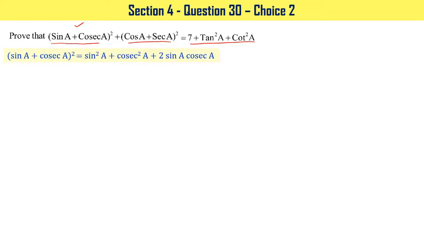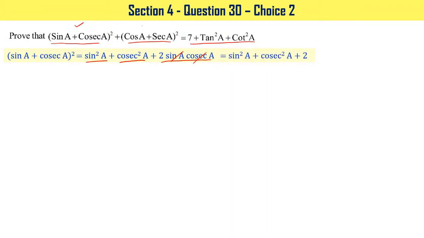If you apply the A plus B whole square formula, you can write it as sin square A plus cosec square A plus 2 sin A cosec A, right? We know sin A equal to 1 by cosec A, or cosec A equal to 1 by sin A. When you apply that, these two get cancelled. It means you'll have sin square A plus cosec square A plus 2.